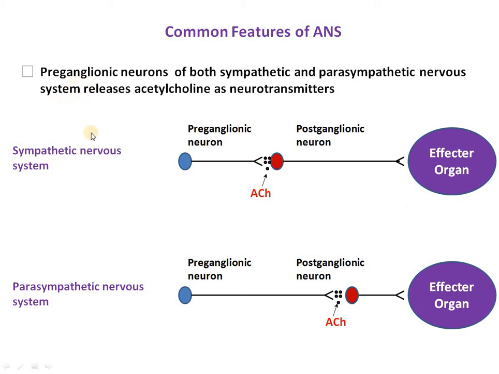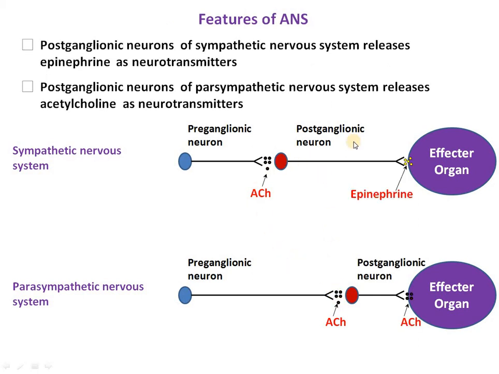The preganglionic neuron of both the sympathetic and parasympathetic nervous systems, this one is the preganglionic neuron, releases acetylcholine, and the postganglionic neuron releases epinephrine in the case of the sympathetic nervous system and acetylcholine in the case of the parasympathetic nervous system.